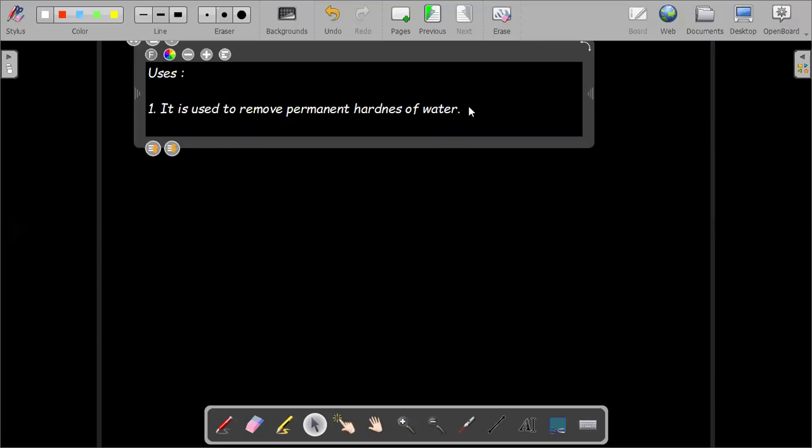Okay, so it has cleansing properties, therefore it has cleaning action. Due to the cleaning action, it is able to clean the different substances. Washing soda shows cleaning action.